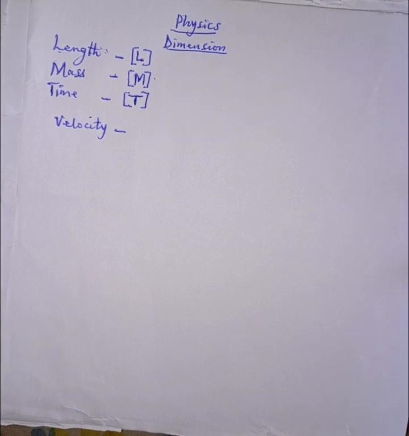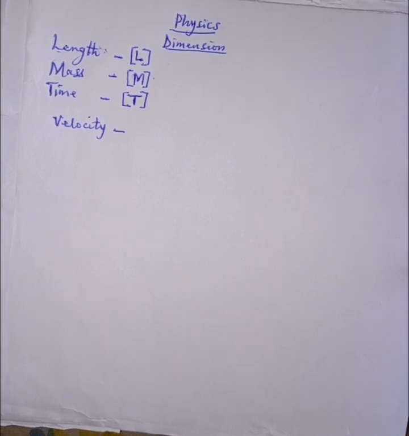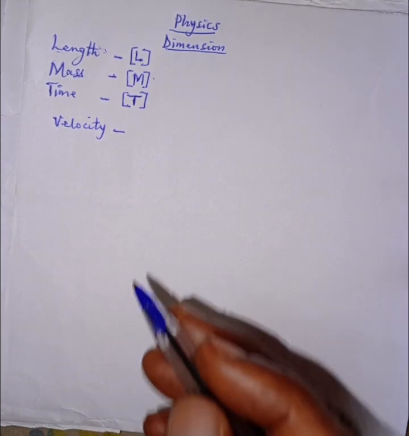What is the dimension of velocity? Many exams ask this question: what is the dimension of a particular quantity? Or which quantity has this particular dimension? They give a list of dimensions and expect you to choose the one that represents the quantity they want you to pick.